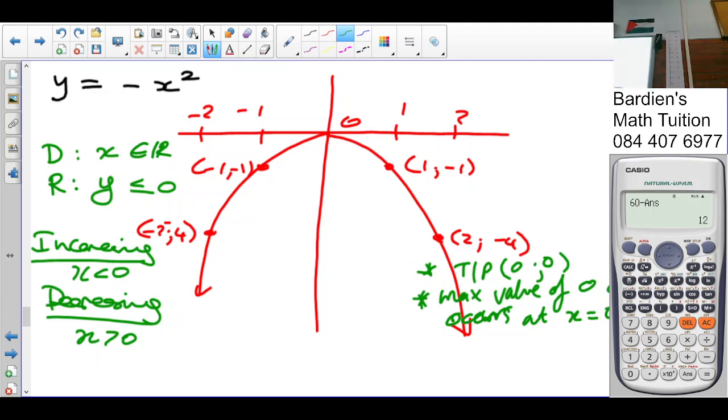Okay, that doesn't sound like it's sticking much, so let's look at this example. The turning point here is 0 and 4. What can we say about this? If it does this, the turning point is at a minimum. If it does that, the turning point is at a maximum. So here, this graph will have a minimum value of 4.